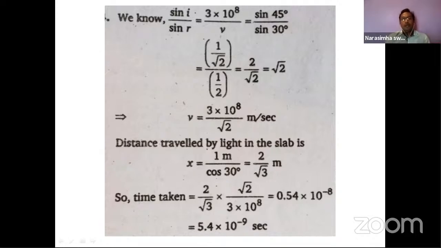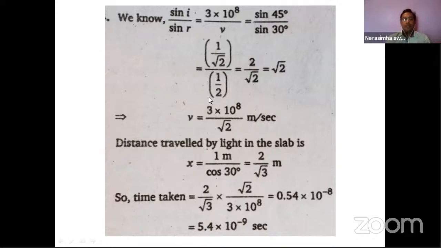Now what you're getting here is 3 into 10 power 8 by V is equal to root 2. So from that, V is equal to 3 into 10 power 8 meters per second by root 2. You substitute the root 2 value and cancel them, and you get some value.